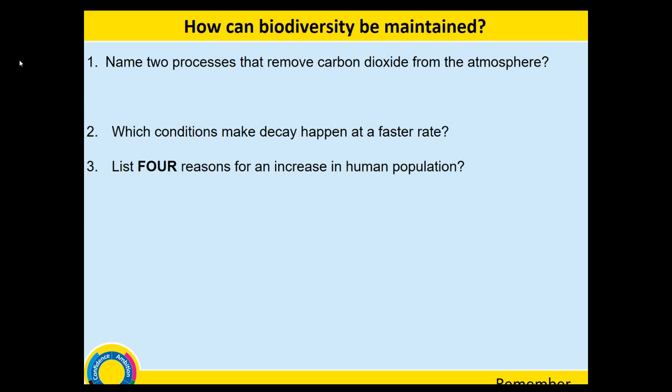Finally, before we move on with the lesson, I want to inform you that our last science lesson for this academic year is next Thursday, which is the 16th of July. And what does that mean? It means we'll be having an end of unit test on ecology. My suggestion is for you to start using the GCSE revision guides that were handed to you at school on the last day of school, to revise this entire unit on ecology.